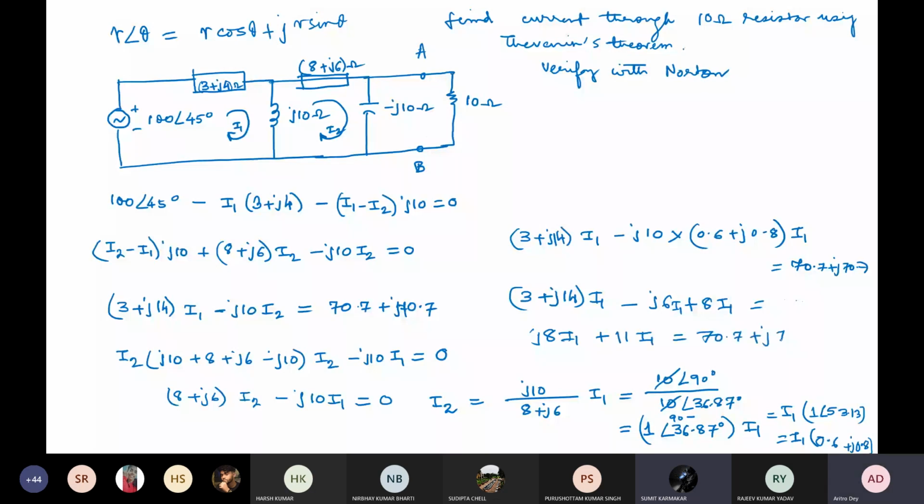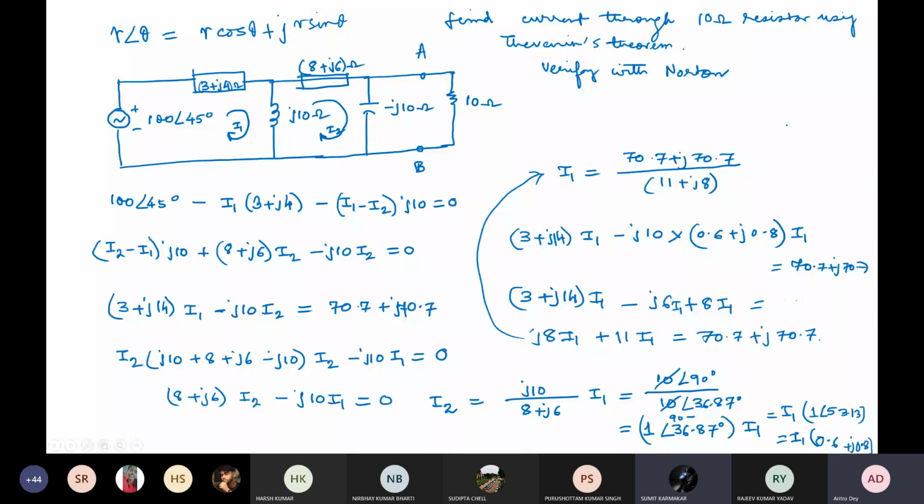Again from here we can solve for I1, and for that we need to take the help of rectangular form again. So I1 is supposed to be 70.7 plus j70.7 divided by 11 plus j8, and then we can find out I2.